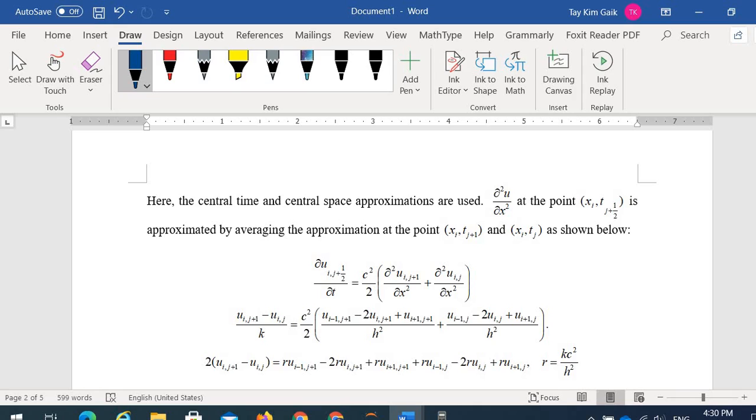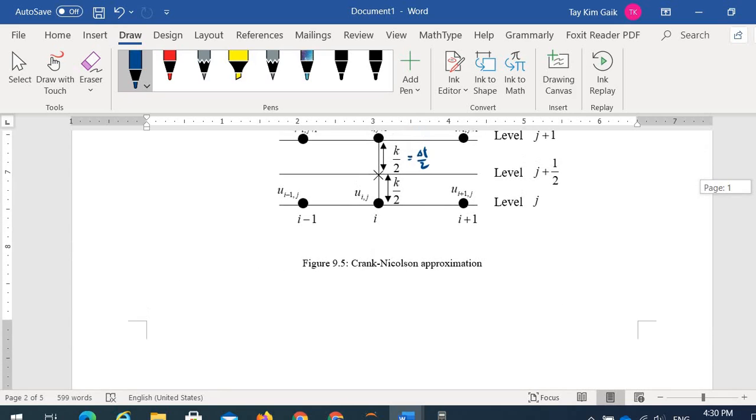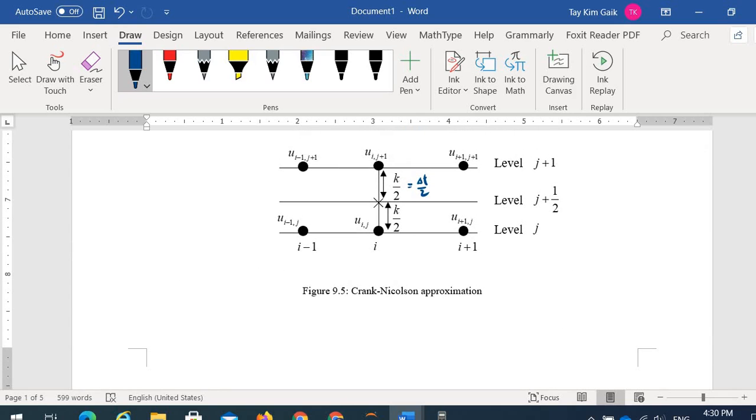For the second derivative, ∂²U/∂x² is an average. We are standing at the cross here. For the second derivative, we have the level j plus 1, so ∂²U/∂x² is the average of the approximation at the point (xi, tj+1) and at the point (xi, tj).